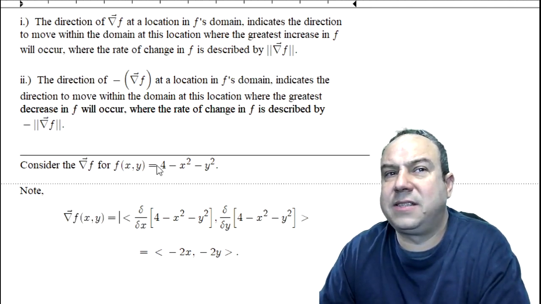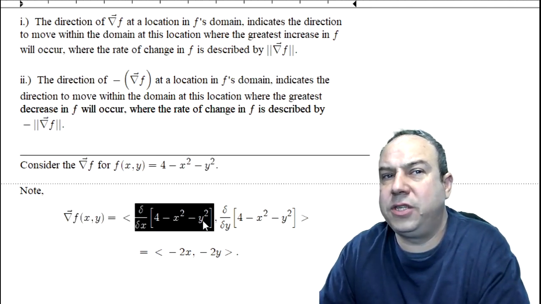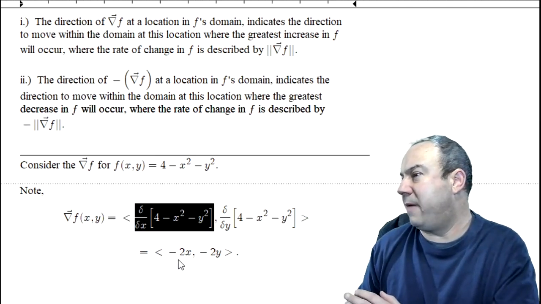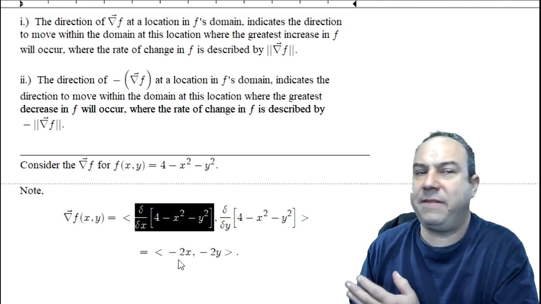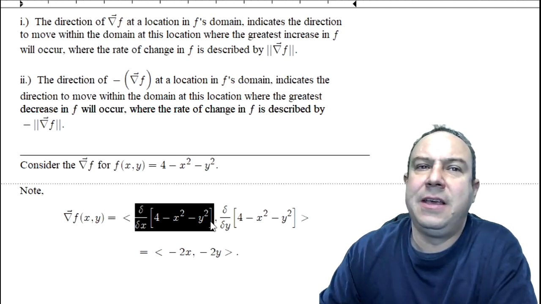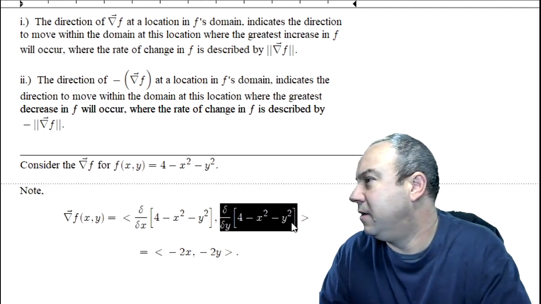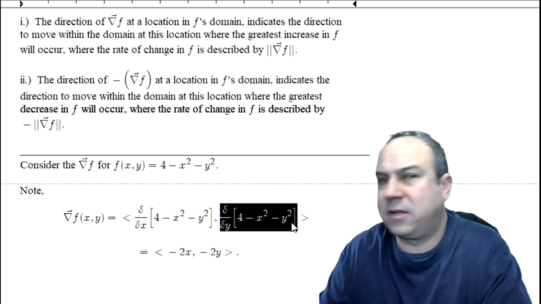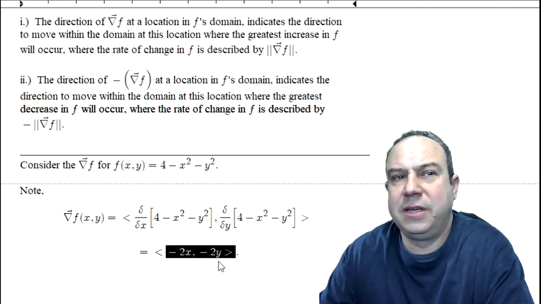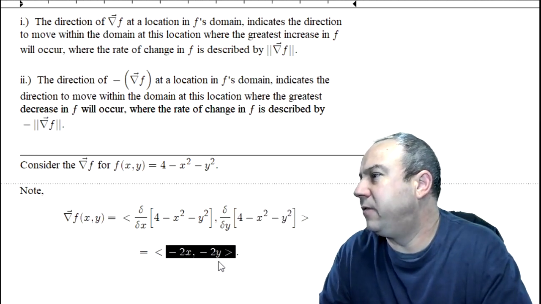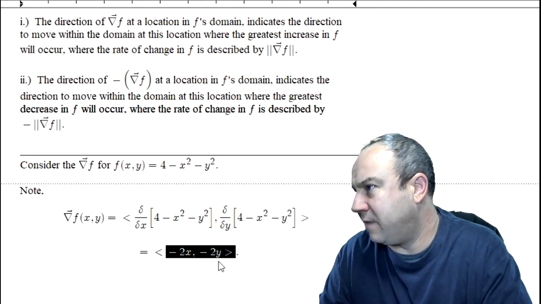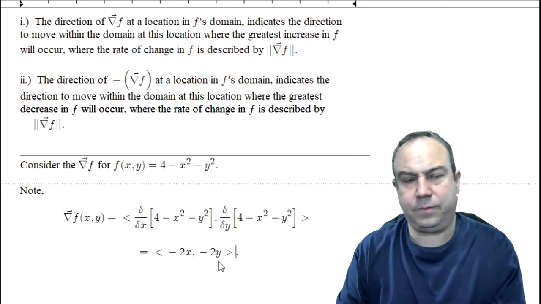When it applies itself to this multivariable function, the first component of that vector operator will be the partial of that function with respect to x. The second component will be the partial of that function with respect to y. And it does simply produce the gradient negative 2x comma negative 2y.